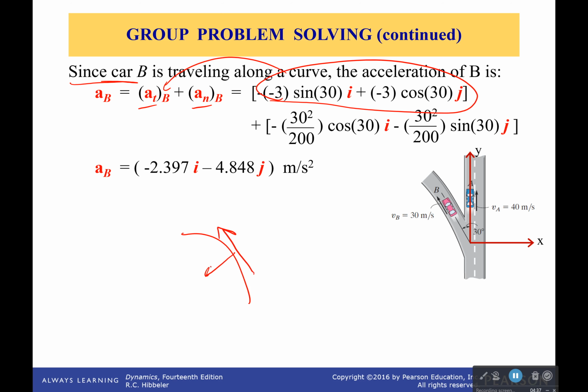Now, first off, what is our normal acceleration? Well, AN is always going to be equal to v squared over rho, which is going to be 30 squared over 200 in this case. So that's why you see this 30 squared over 200. That is the normal acceleration. And now we have to break it up into components.